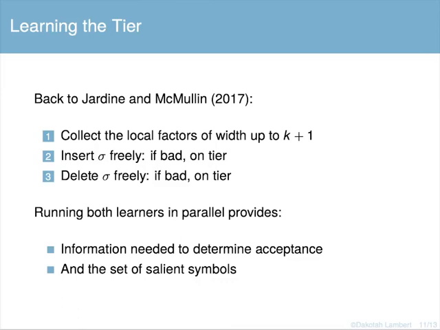Once you have the tier of salient symbols, the strictly local grammar of permitted factors is all of the subsequences that consist only of tier symbols, whose set of valid interveners is disjoint with the set of tier symbols, will be permitted factors on the projection.